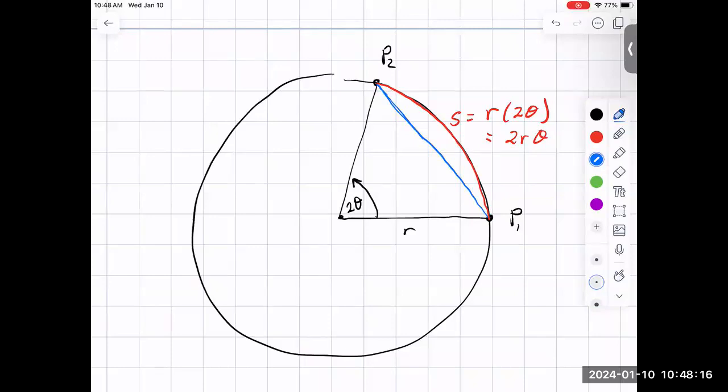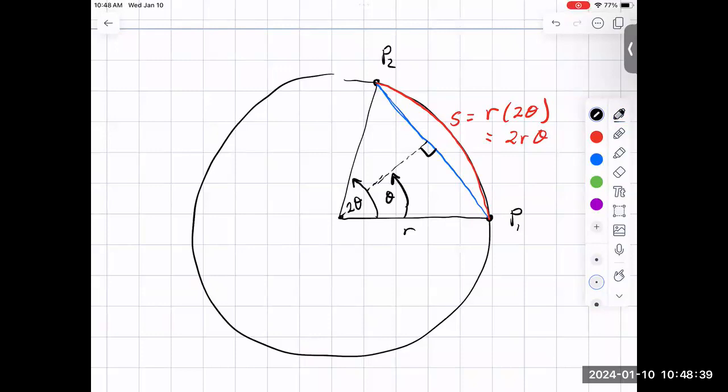And so in order to make that comparison, I'm actually going to bisect this angle 2 theta so that this is now an angle theta. So I just cut that angle in half. And the reason I do that is now I can make a right angle triangle.